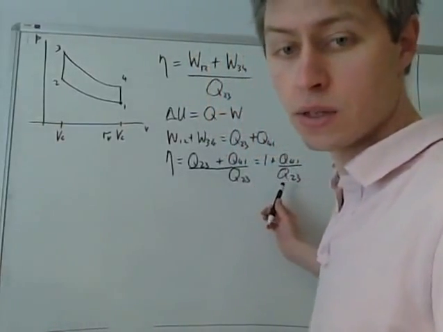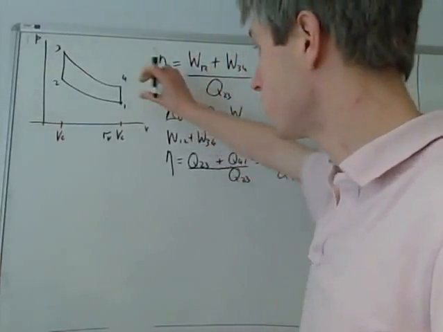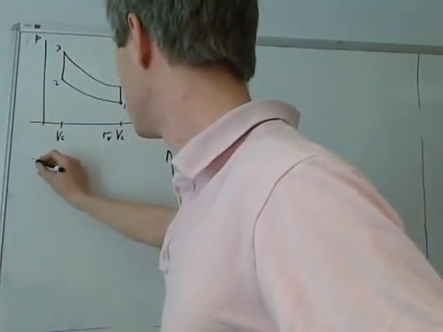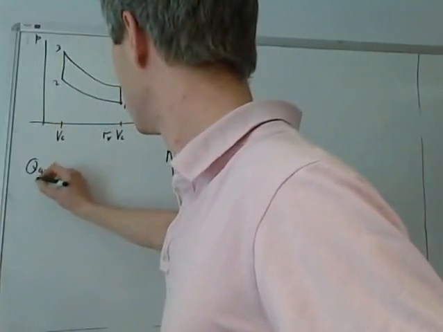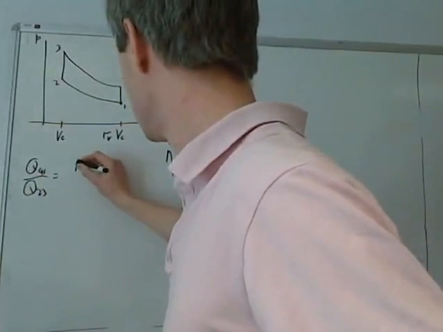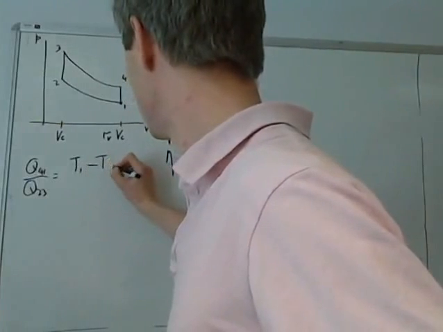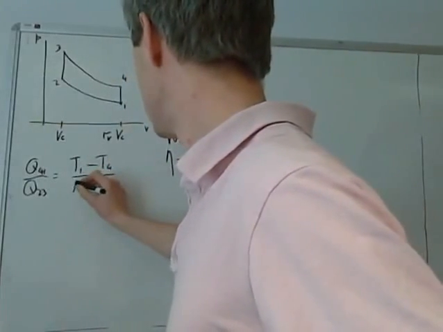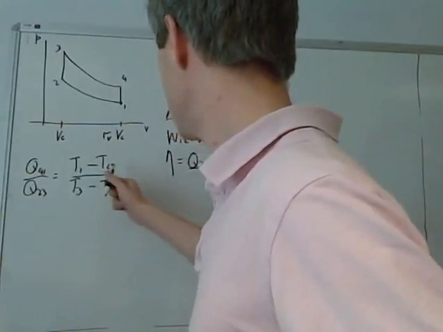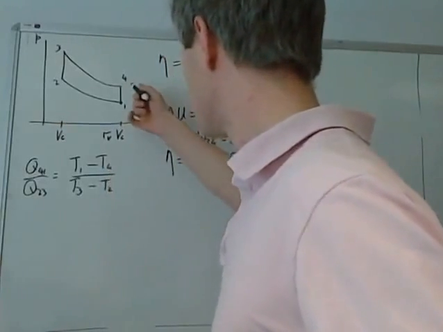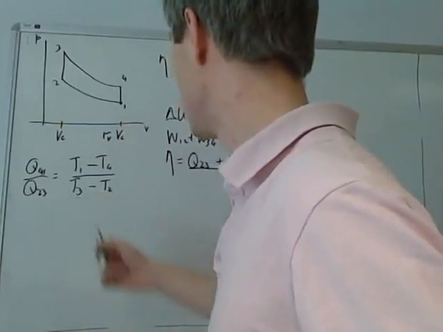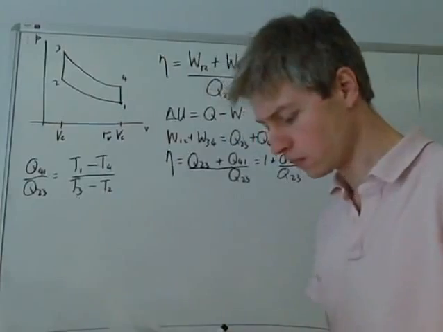Therefore, the ratio of the heat in and the heat out can be related to the ratio of the temperature differences. And so now we need to find what Q41 over Q23 is, and we can say that's T1 minus T4 over T3 minus T2. So T4 is the start of the process, and T1 is the end of the process. T2 is the start of the process, T3 is the end of this process.